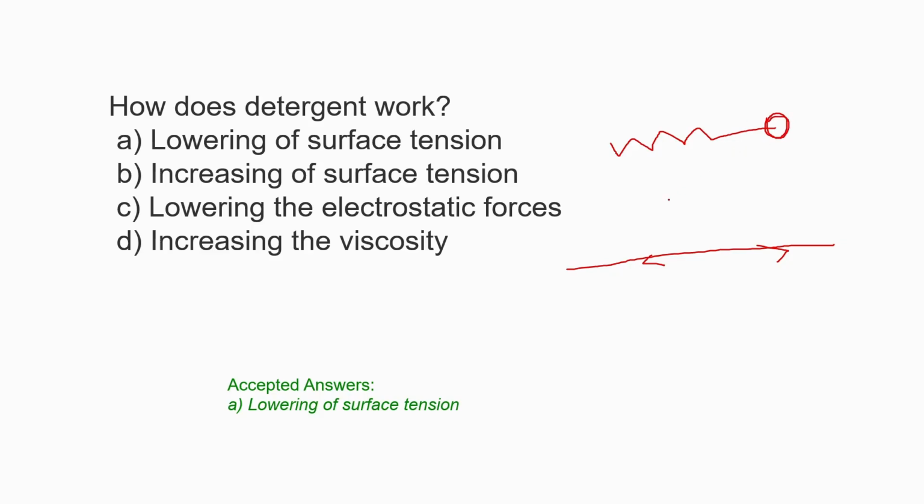So these heads interact with the water surface because they are hydrophilic, and as they interact with it, they break the surface tension or basically lower the surface tension of water, and that is how they are able to interact with the stains, and they form micelles around these hydrophobic stains, and help in removal of them with the help of interactions with water as well.